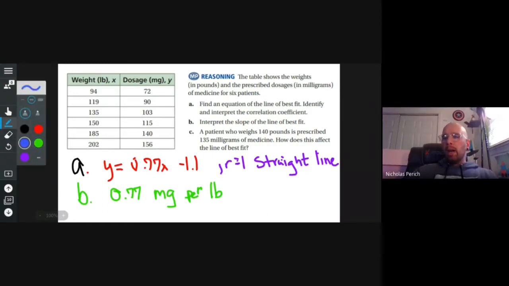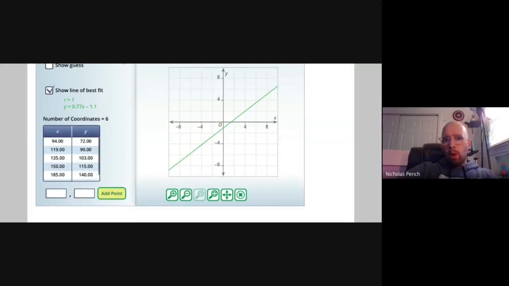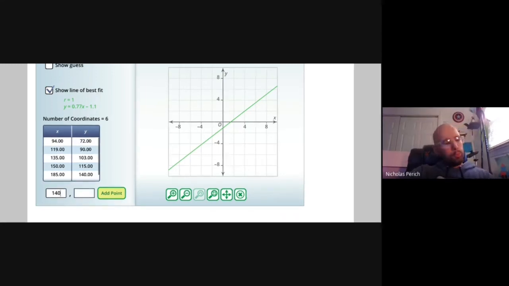A patient who weighs 140 pounds is prescribed 135 milligrams of medicine. How does that affect the line of best fit? So let's go back to our website and put in that point. The weight is an X, so 140, and prescribed 135 milligrams.